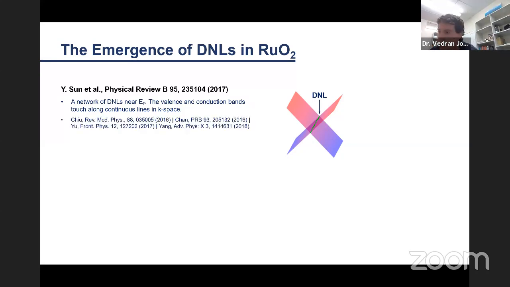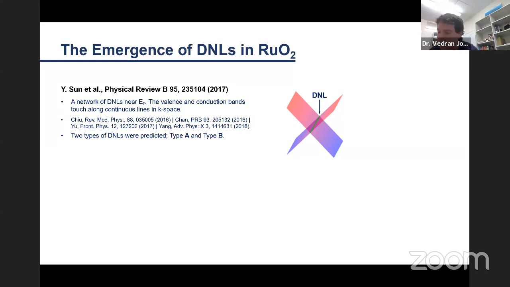And in contrast to the more prominent Dirac and Weyl semimetals, which host fourfold and twofold degenerate zero-dimensional Fermi points, Dirac nodal line systems have a one-dimensional Fermi surface. It's just this symmetry-predicted crossing of the conduction and valence band along a discrete line in K-space, and it has relativistic fermions close to this crossing point.